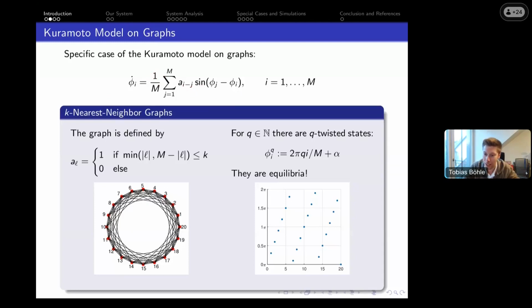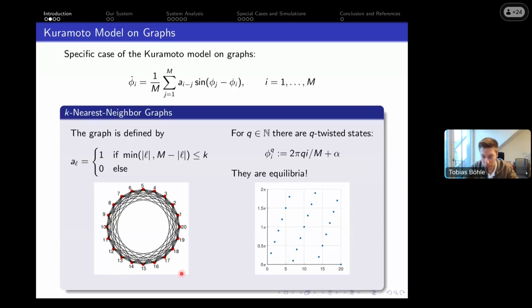In particular, we want that these coefficients a_{i-j}, or a_l, are defined to be 1 if the minimum of the absolute value of l and m minus l is less or equal than k, and 0 else. And k is just a real number. If you define the coefficients in that way, then you obtain the adjacency matrix of a k nearest neighbor graph.